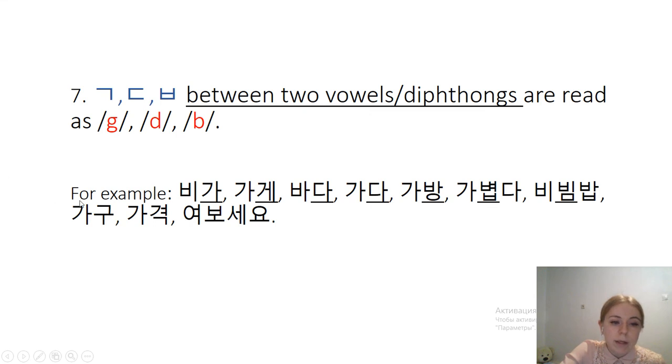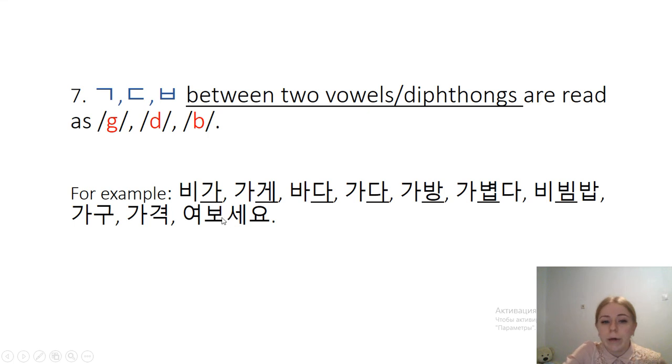The next one is 가구. Here it's the g sound, because it is in the middle of two vowels, 가구, 가격, 요금, the same. 여보세요, 여보. You know this word is like hello on the phone. We say 여보세요.